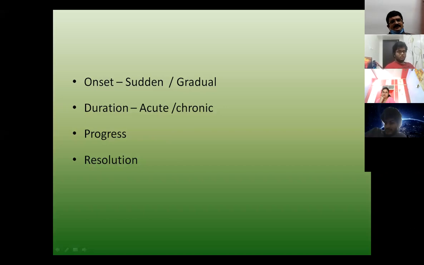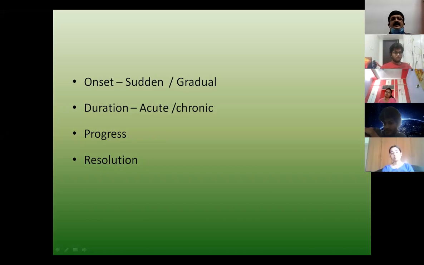Suppose the patient has the symptoms for more than 6 weeks, then you can suspect that the patient has got chronic symptoms. So chronic symptoms are when you are suspecting a disease process for more than 6 weeks.